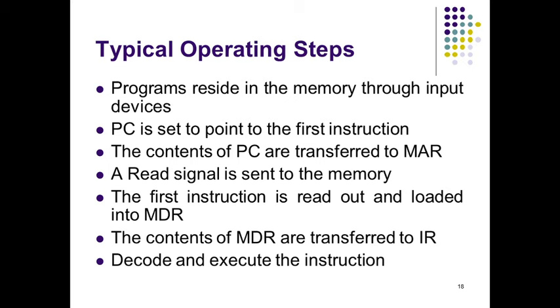After the time required to access the memory elapses, the addressed word is read out of the memory and loaded into the MDR. Next, the contents of the MDR are transferred to the IR. At this point, the instruction is ready to be decoded and executed.